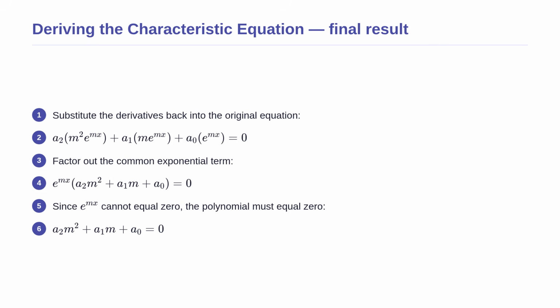Now, logically, for this product to be 0, one of the parts must be 0. Since an exponential function can never actually equal 0, the polynomial inside the parentheses must be the part that equals 0. This resulting algebraic equation is called the characteristic equation. We have successfully turned a complicated calculus problem into a simple algebra problem.